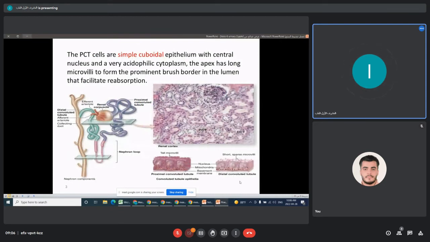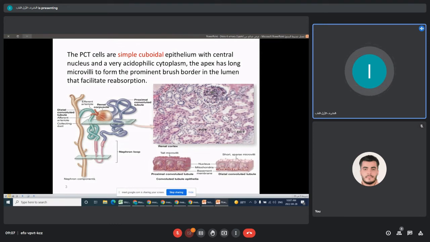Here, the cells are smaller, less acidophilic because they contain fewer mitochondria and sparse short microvilli, and this means it's involved in less tubular reabsorption.